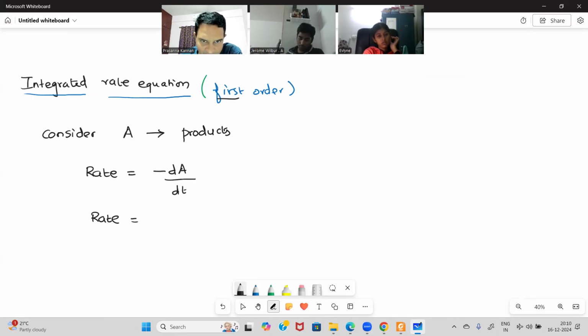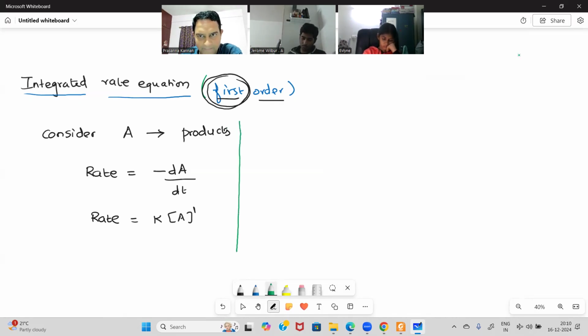Because it's clearly given here. K into A power x. Is it A power x or x we know already? A 1. It's 1 only, right? Because there are no more reactants. So there is only one reactant. So that power must be 1. Yes, Evelyn, is it clear?